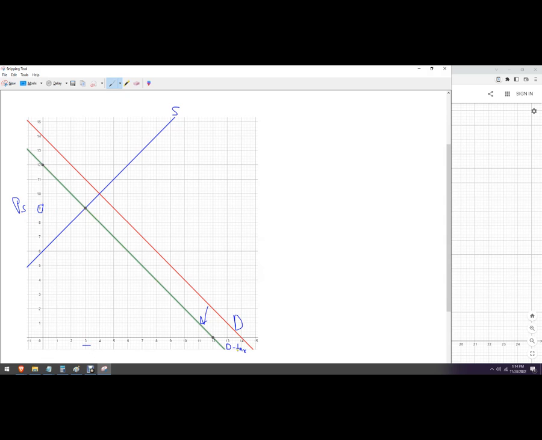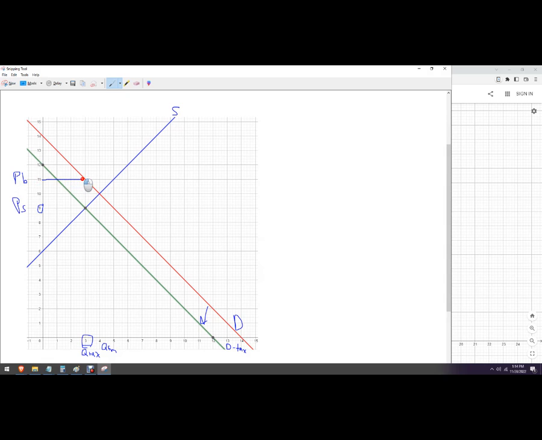So we're looking for where the demand minus tax crosses the original supply curve, because that's all the consumer's willing to pay. So this would be the number of units exchanged. Before we were exchanging here, this was the quantity under the free market, and then this is the quantity under tax.